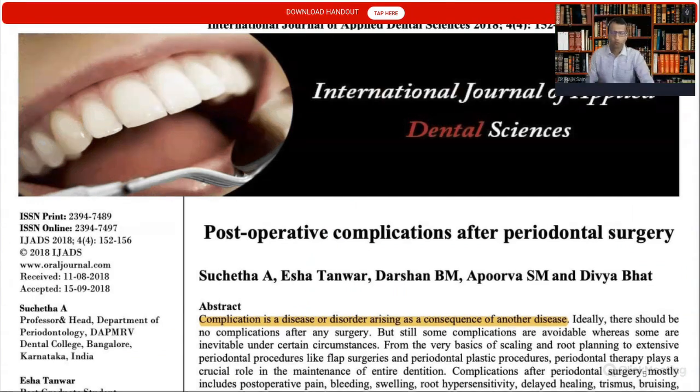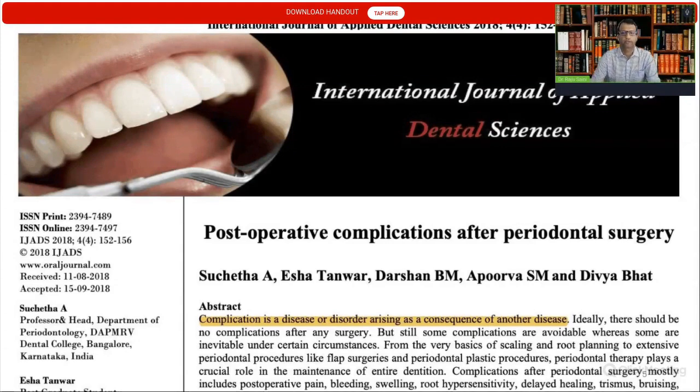So, what are post-operative complications? From a broader perspective, as per the scientific literature, a complication is a disease or disorder arising as a consequence of another disease. More specifically, post-operative complications in dentistry are unexpected issues that arise after a dental procedure, impacting the recovery process.